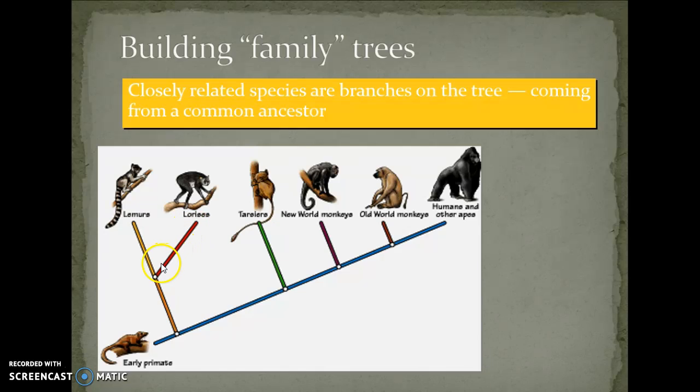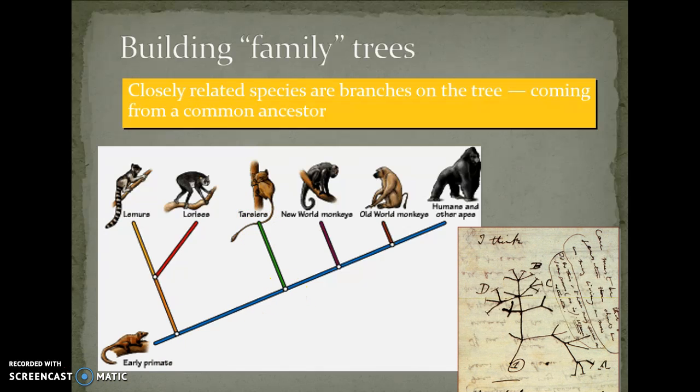So when they branch near each other, they are more closely related than an organism that doesn't branch near that species. This is actually taken from Darwin's field notes when he was on the HMS Beagle. I think this was published in his book On the Origin of Species, but he was working out these trees even in his notes, in his data. And you can see it looks very much like what we see as an evolutionary tree today.